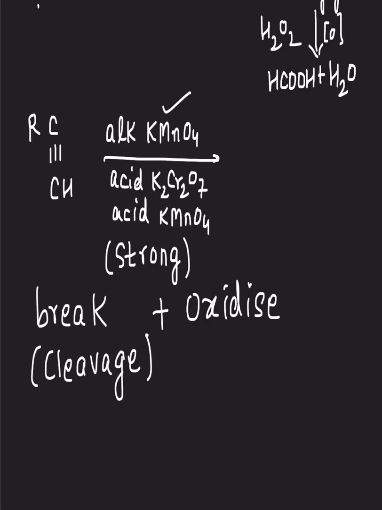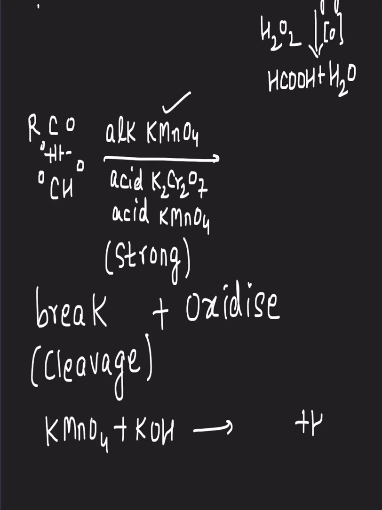So what do we do now? Actually there is oxidation. So here the bond breaks, O and O, here this bond breaks, O and O. And finally because it's alkaline KMnO4, when you do the topic of KMnO4, you will realize that alkaline KMnO4 means that you will have water and nascent oxygen as the products over here.